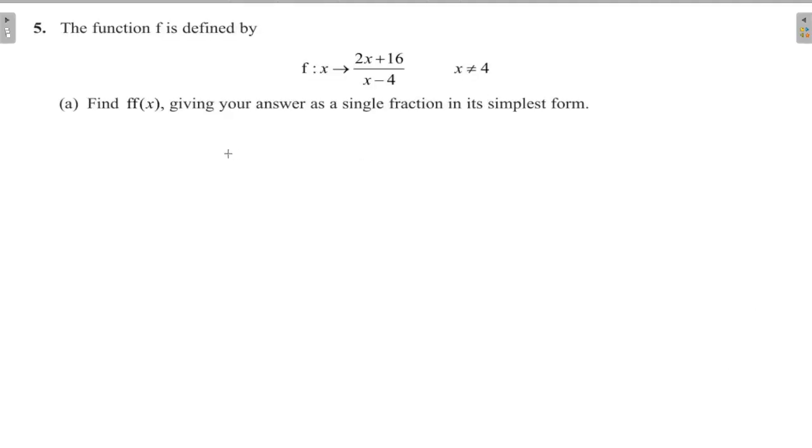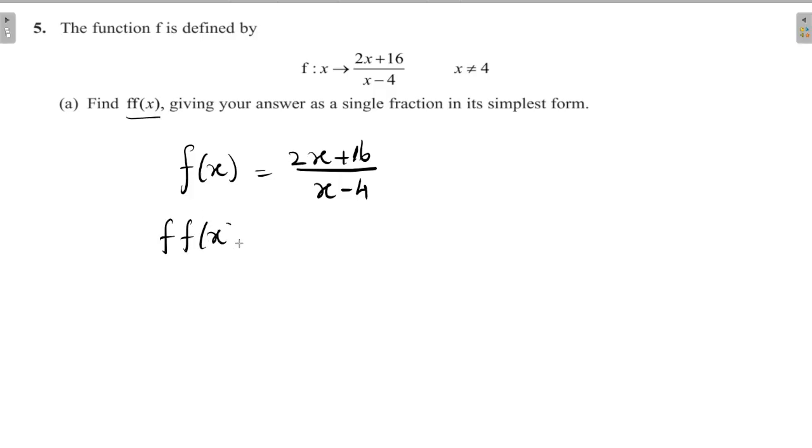Question number 5, part a. Given that the function f of x is equal to 2x plus 16 divided by x minus 4, find f of f of x. So this is the given f of x.